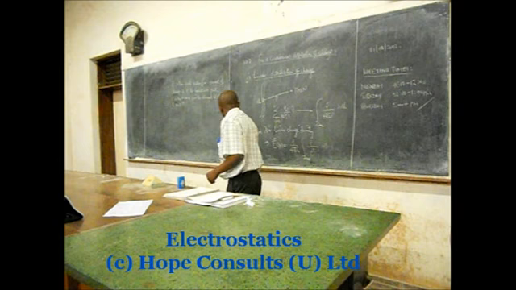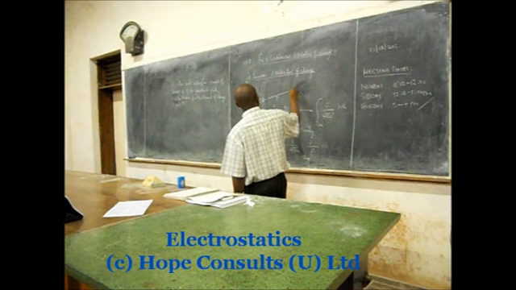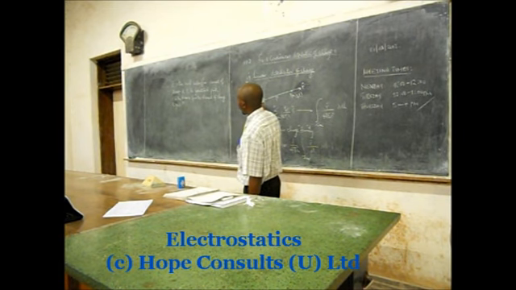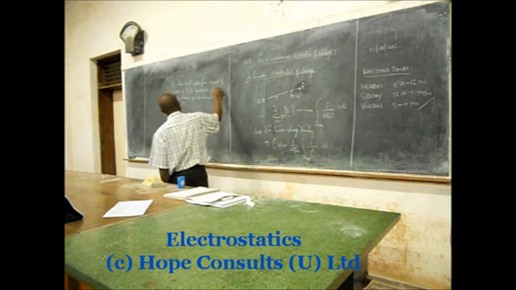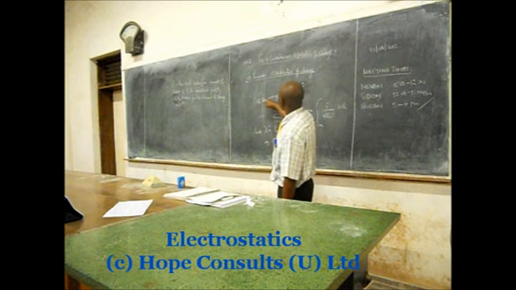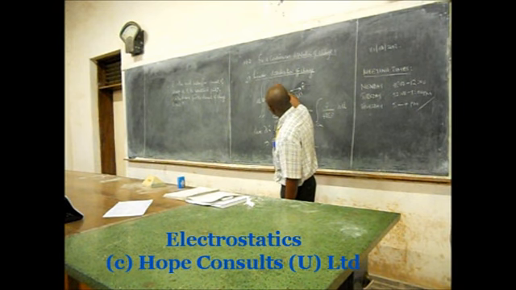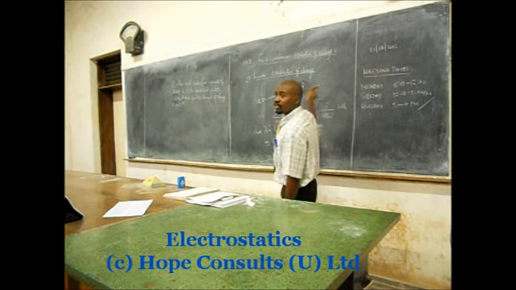I should have put it there that this is P at X, Y, Z. Then this is our r roof, from the element there to the observation point P, and r is the distance from the element of charge to P. So r is from here to here, and this roof is the direction from the element of charge to the observation point.